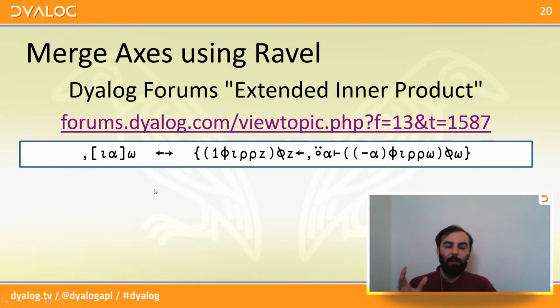Trailing axes, as we just saw, is trivial. It's just Ravel with rank. The one thing we are missing is that you can also specify consecutive axes that lie in the middle of the shape. So if you had a rank 4 array, you could combine axes 2 and 3.